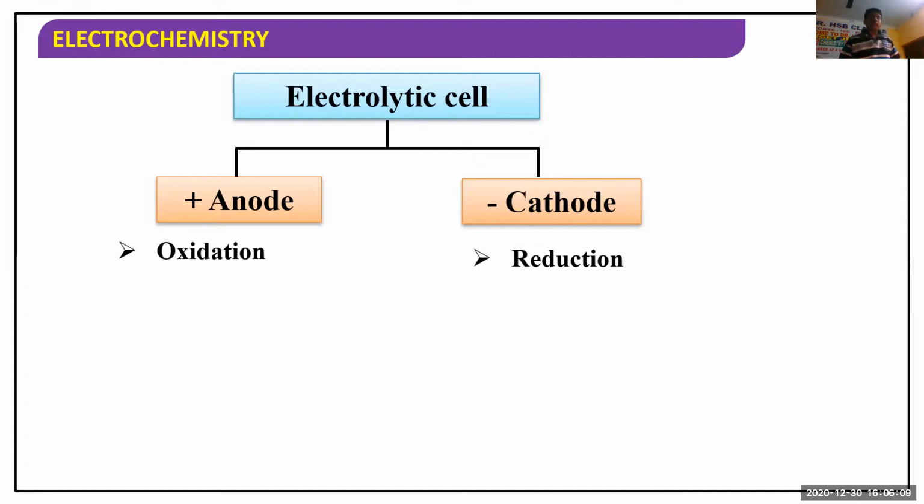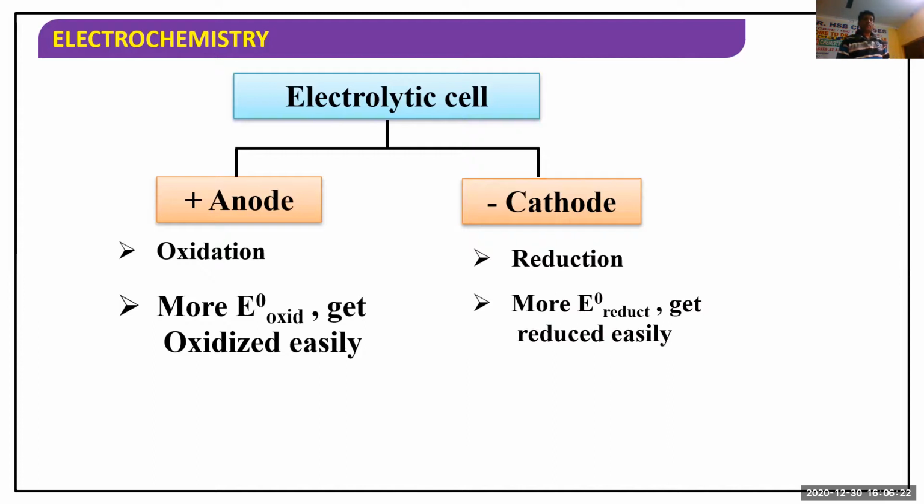The species with higher oxidation potential gets oxidized easily, and the species with higher reduction potential gets reduced easily.